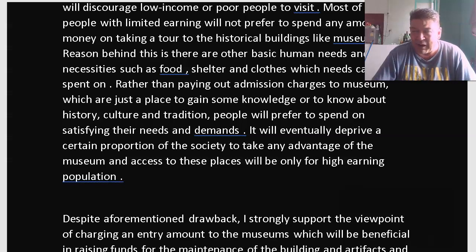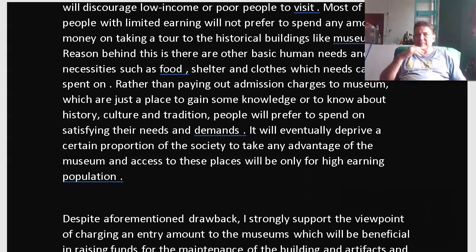All right, the high-earning population are the ones who have time to visit, or schools do. What you need to do is explain why a certain portion, a very large portion of the population, won't go to a museum if there's a charge.